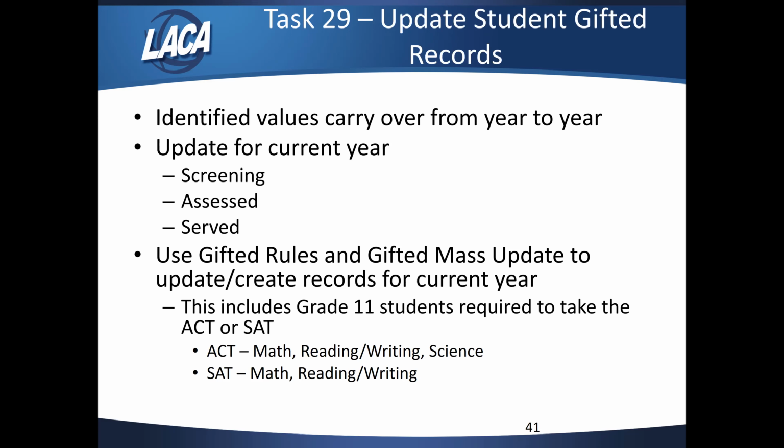All 11th graders are screened in math, reading, writing, and science for ACT, and math and reading and writing for SAT. If for some reason a student didn't take the test, then you would go in to their gifted record after you ran the mass update and remove the screened for those areas.